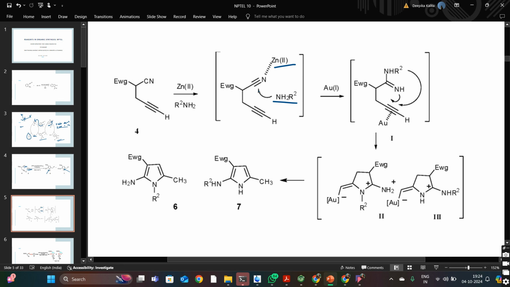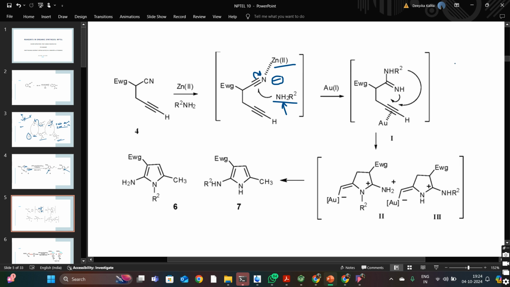Okay, and this is going to result in the formation of this imine. Okay, you have to simply show the electron pushing in this way towards the nitrogen atom, and then this negative charge which is going to be generated is going to take up a proton, and this amine is going to lose a proton to give you this imine formation.